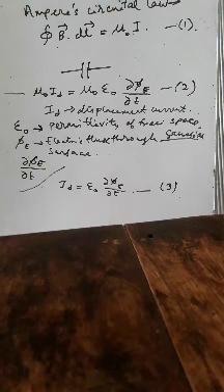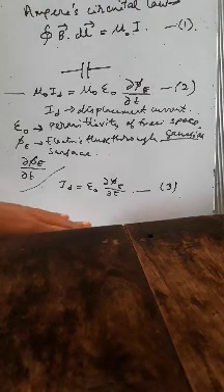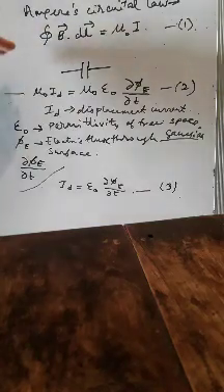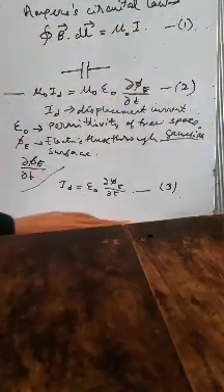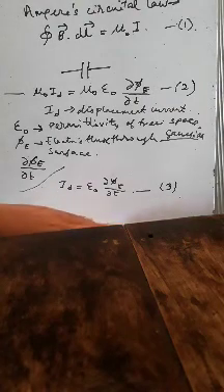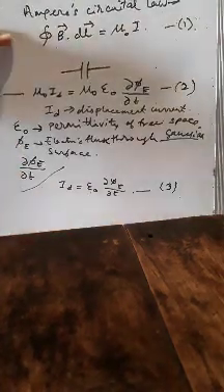So the general form of Ampere's circuital law, after correcting its limitations by bringing in Maxwell's expression, becomes the following.